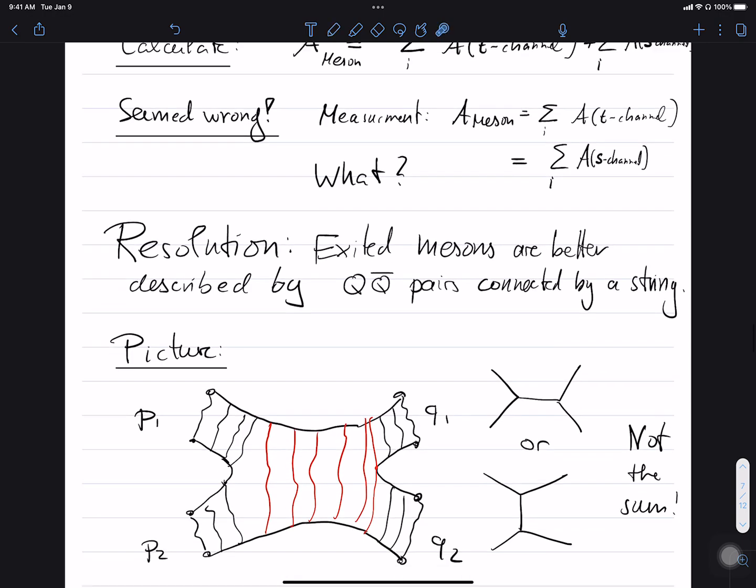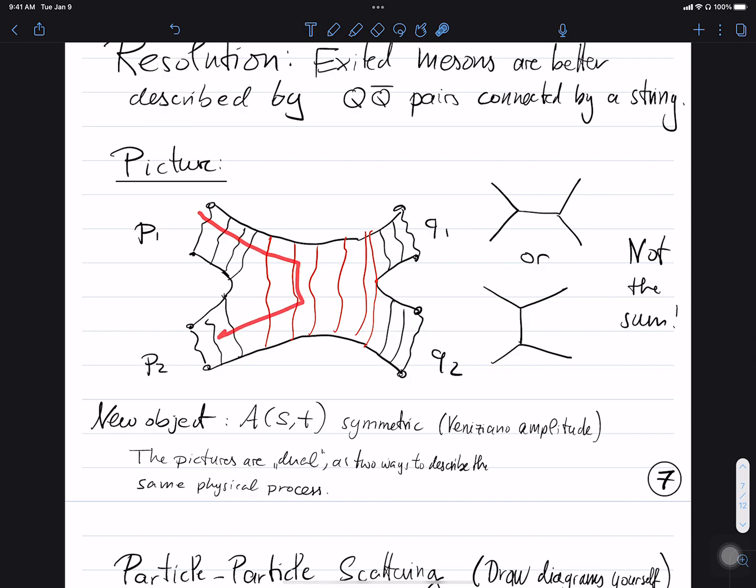So the picture we have is that either we do this exchange, or we could also assign, so the T and U channels here are basically the same in terms of their topology, but we could also have the S channel exchange, where we have a direct flow through the middle of the mediating particles, and this is equivalent, right? So in this picture, the S and T, which is similar in this, is actually equivalent to U here. They are the same.